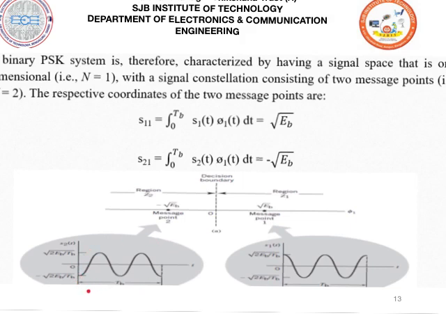This is the waveform that you are visualizing with respect to the bit duration Tb, for both message point 1 as well as message point 2. This is the discussion related to binary phase shift keying, its mathematical expression, signal representation and the signal space diagram. Thank you.